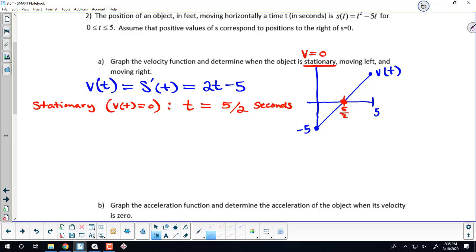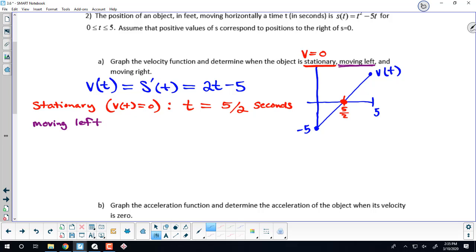When is the object moving left? All we have is that positive values of position correspond to the right of its initial position, which is at 0.